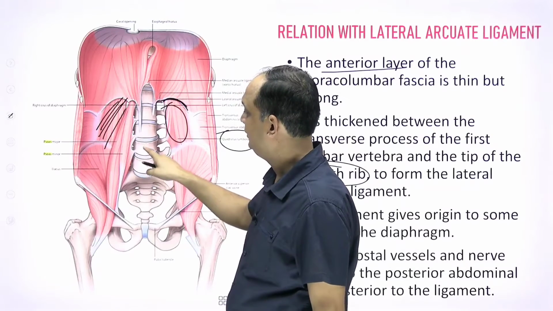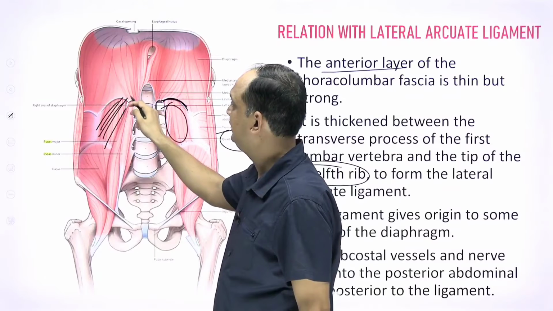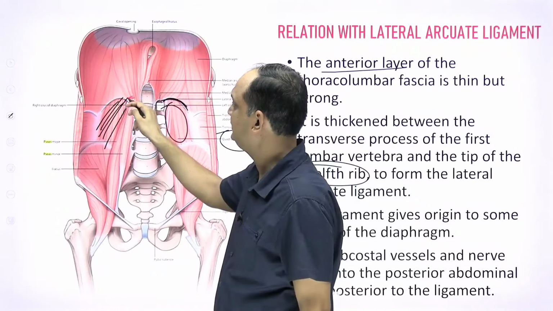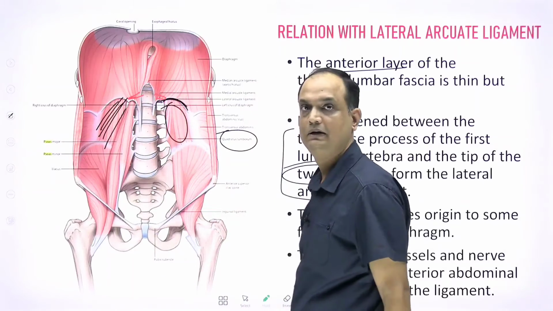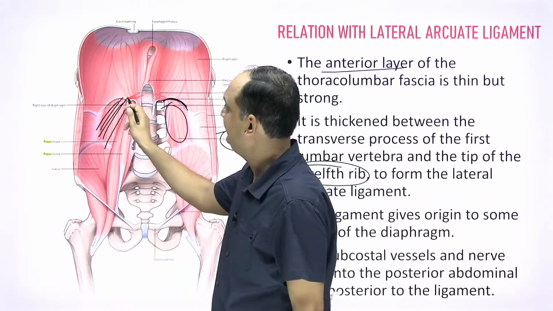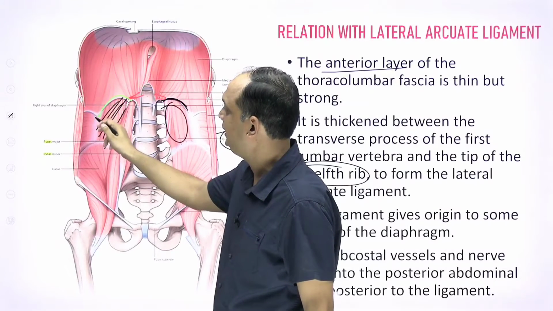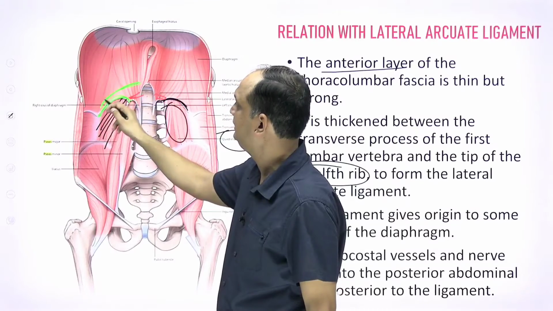This is 5, 4, 3, 2, 1. Now, when you reach here, behind this, at this point somewhere, you will find the transverse process of L1. From the transverse process of L1, you have a modification till the tip of your 12th rib, which is present here. Now, suppose this is your 12th rib behind.